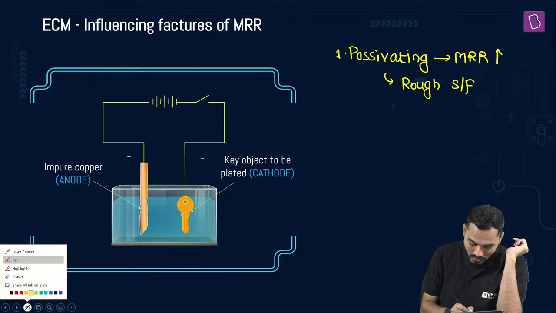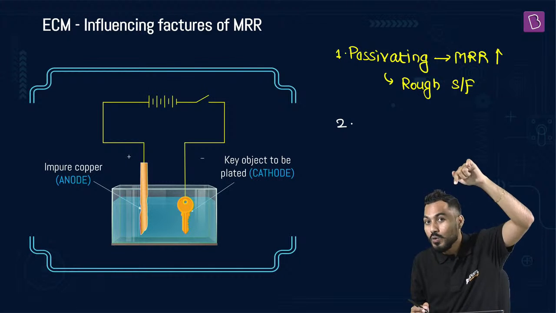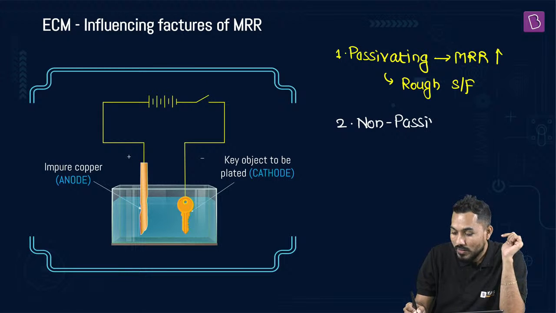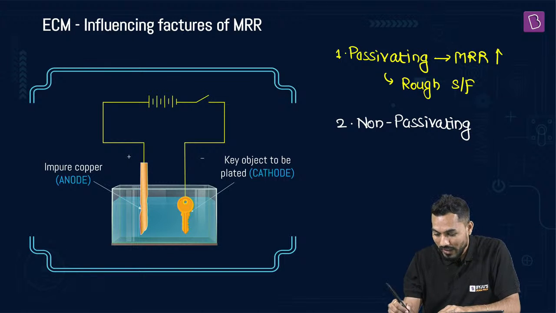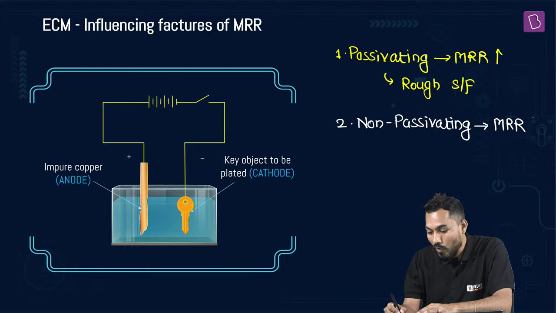In the reverse direction, I can say that when the conductivity of the conducting electrolytic solution is less, it is called a non-passivating electrolytic solution. If the non-passivating electrolytic solution is there, my material removal rate will be less.